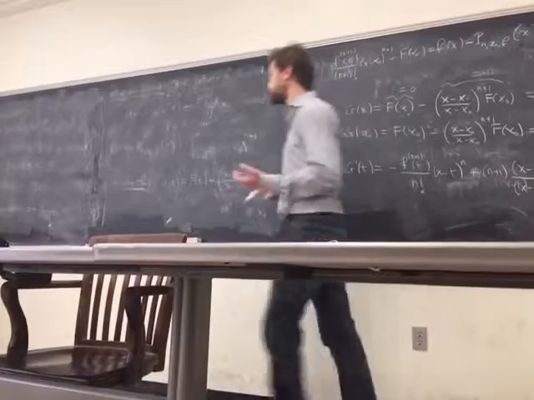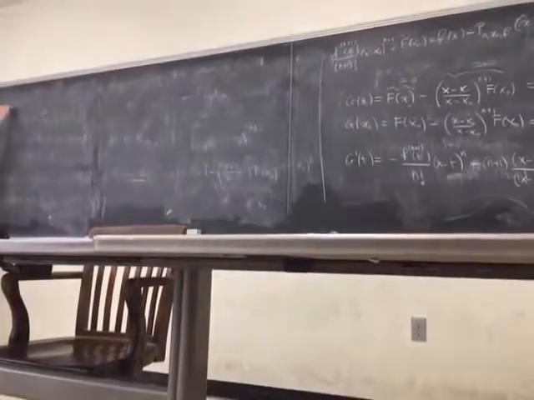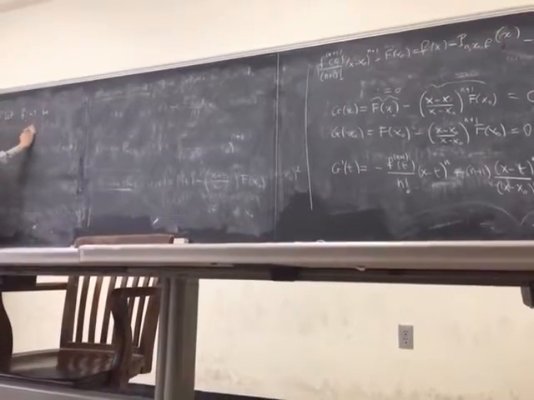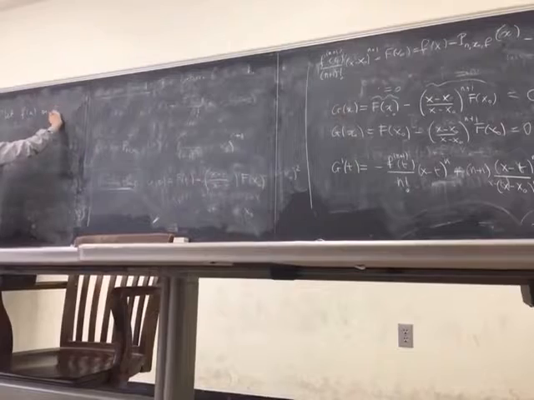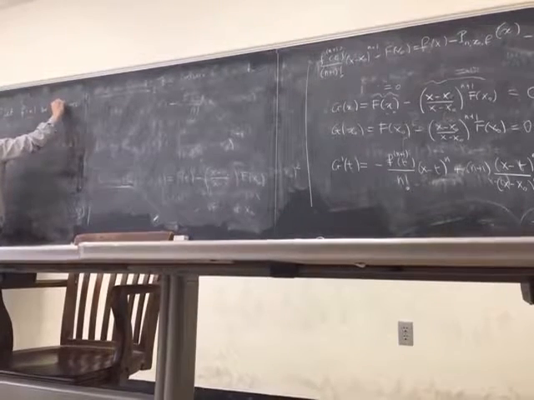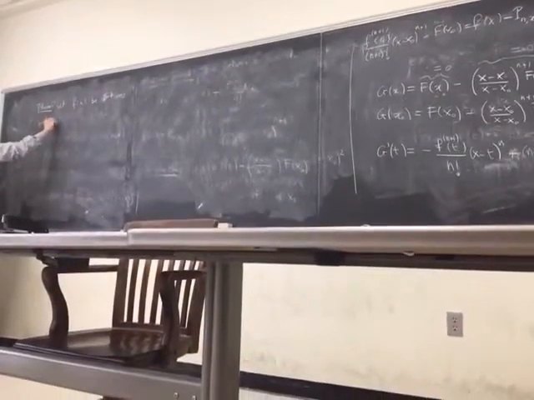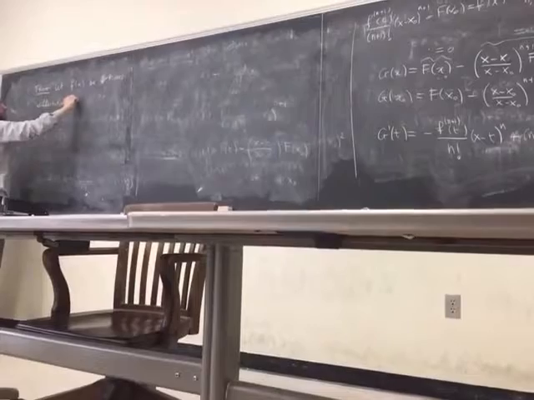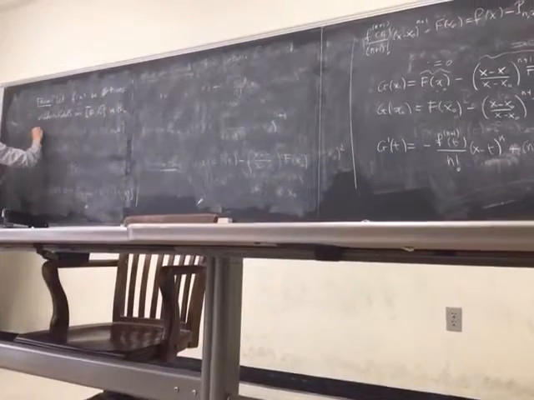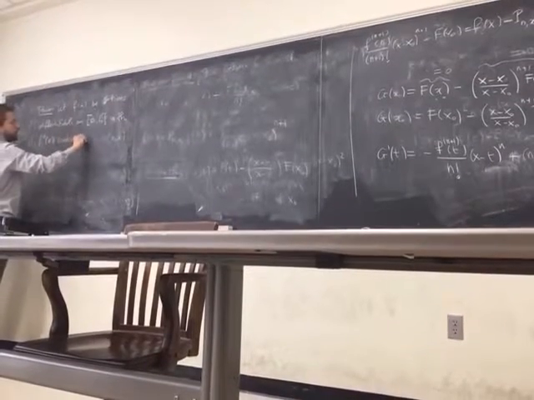So let's see the statement. Theorem. Let f of x be, say, 2 times differentiable on an interval (a,b) with f second of x continuous on (a,b).